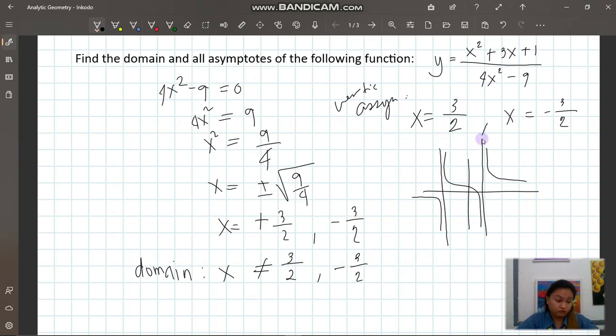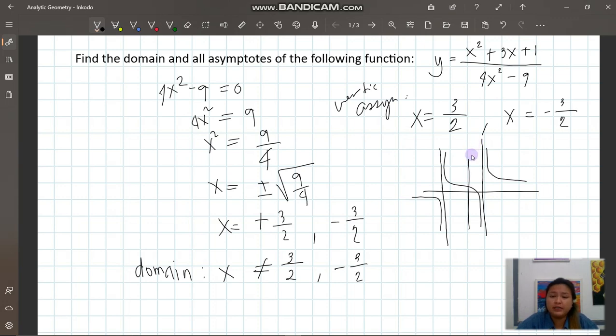If you need a more formal explanation about asymptotes and domain, we need to review some past knowledge about analytic geometry.